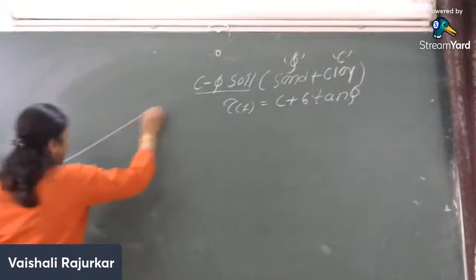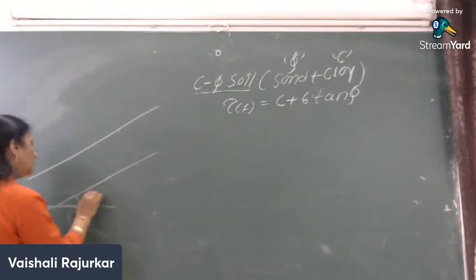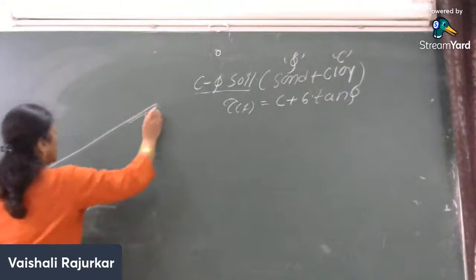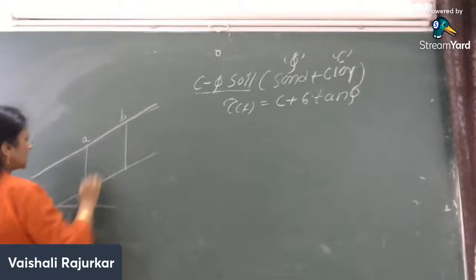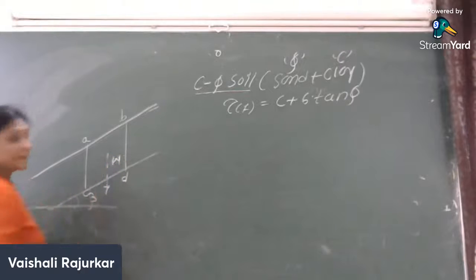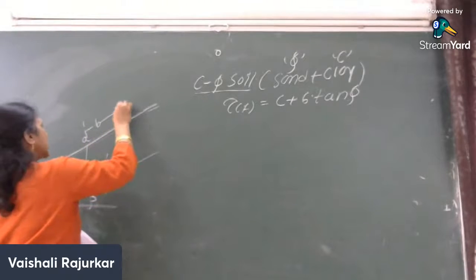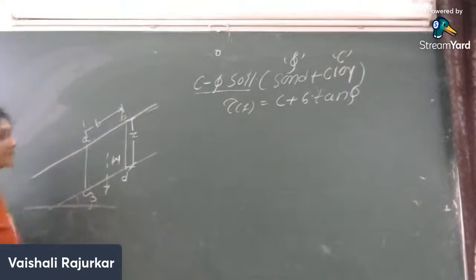So again we will consider the infinite slope, which is having angle beta, with points A, B, C, E, and weight W. Here we will just take this B and this is Z.